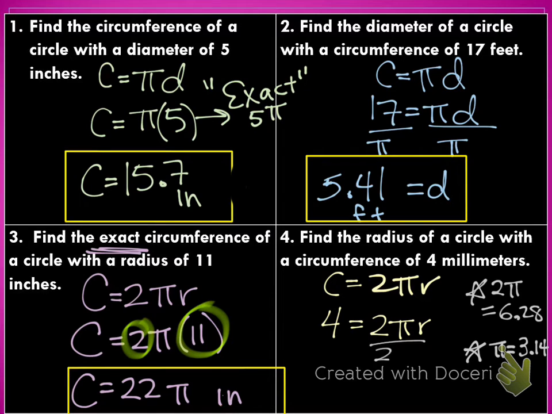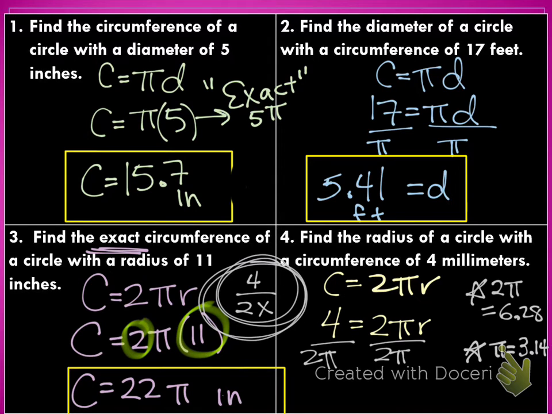You can. It's the same. 4 divided by 6.28. You could, in this case, also reduce. If this said 4 over 2x, what would that reduce to? 4 over 2x. I wrote it right here. 4 over 2x would reduce to? 2 over x, right? 2 goes into 2 once, 2 goes into 4 twice.